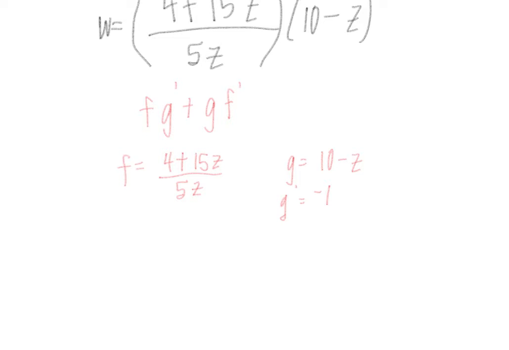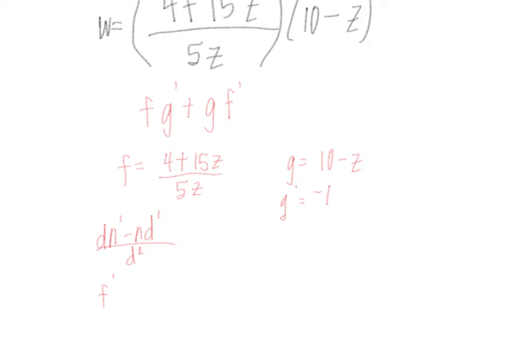Okay, well, let's go back and do the derivative of the first function. This is where that quotient rule comes into play. This is where that quotient rule is inside of the product rule. So remember, the quotient rule is denominator times derivative of numerator minus numerator times derivative of denominator, all over denominator squared.